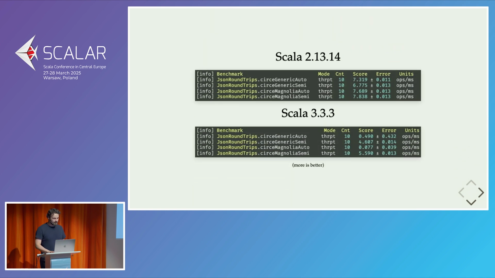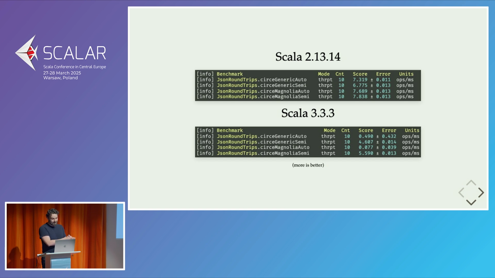But if we try to run the code and see how it performs in the runtime, interesting things happen, because we can see that semi-automatic Magnolia, for some reason, has better performance than mirrors on Scala 3. Apparently, the structure that is derived by Magnolia is much friendlier to the JVM, but only if we are using semi-automatic derivation.